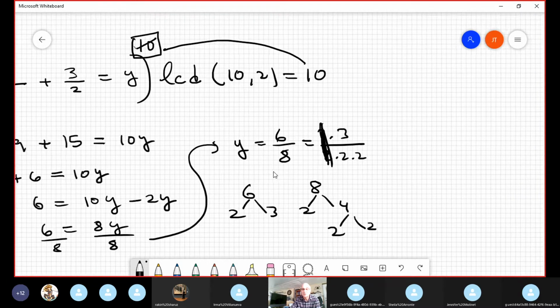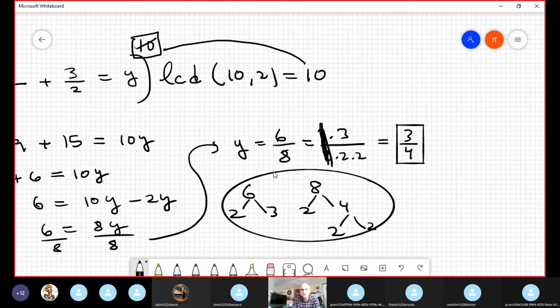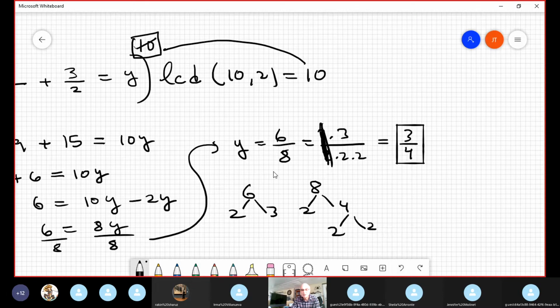The answer is 3 over 4. I did this part manually, but we can use the calculator. On the TI-30, you put 6, fraction, 8, press enter, and automatically you receive this answer.